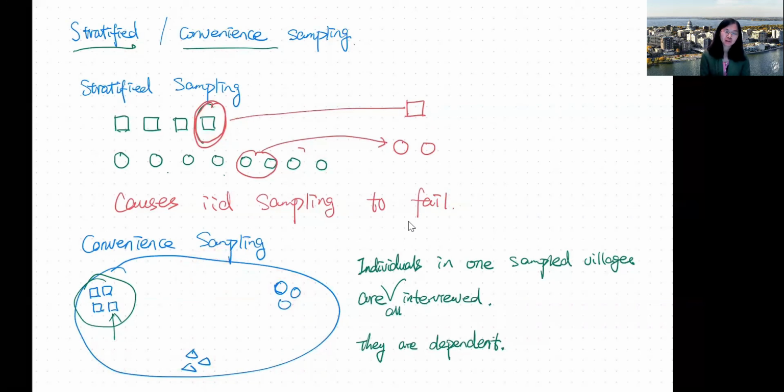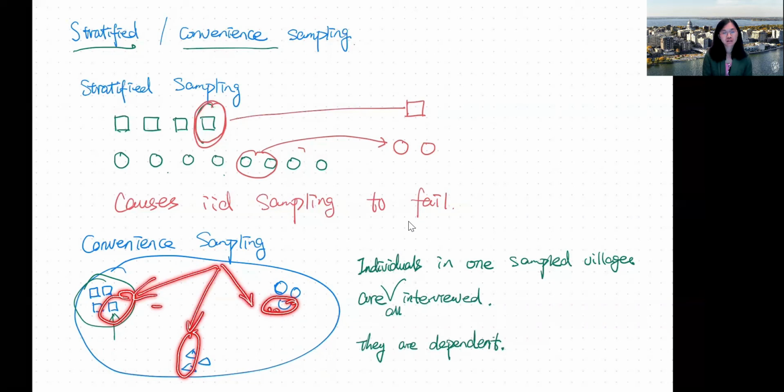If you do a simple random sampling, that sampling might sample one individual from the square village, maybe two from the triangle village, maybe one from the circle village, and so on. Then in order to interview all of these individuals, you have to travel to all of these villages.